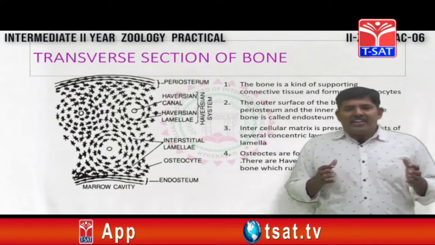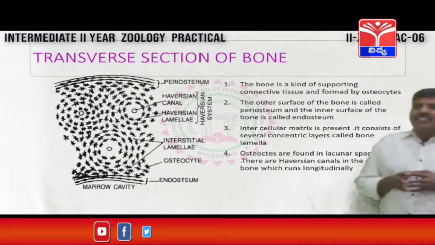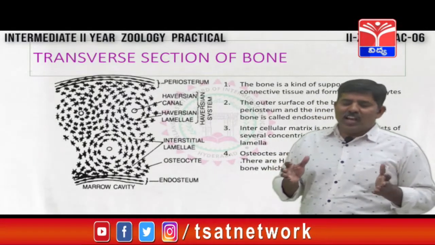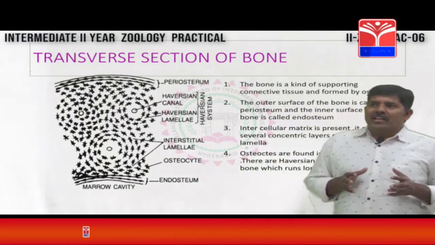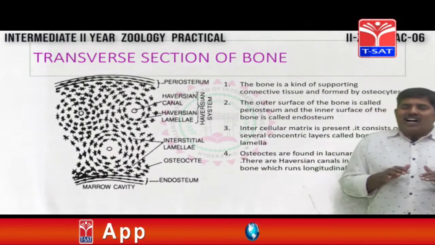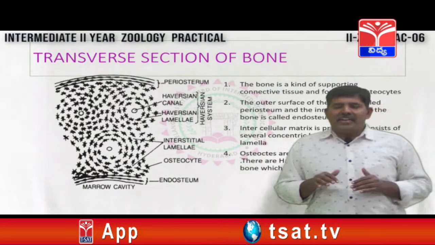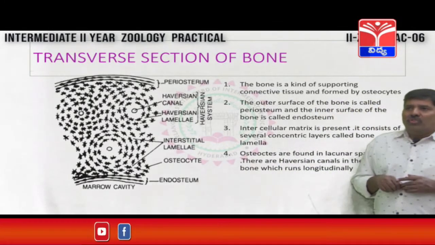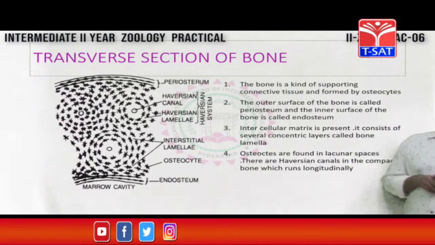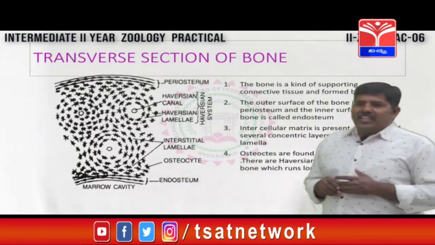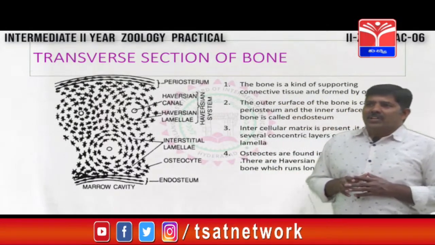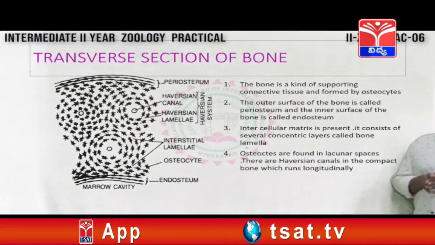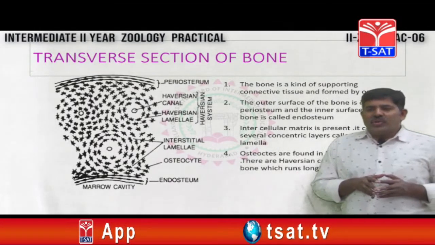The matrix of the bone contains several concentric layers called lamellae. What are lamellae? Lamellae are several concentric layers located in the matrix of the bone, and osteocytes can be found in the lacunar spaces. There are Haversian canals, which are found in compact bone with a longitudinal shape.